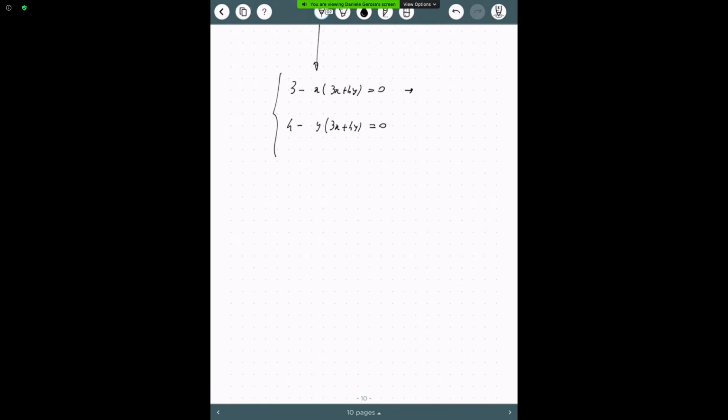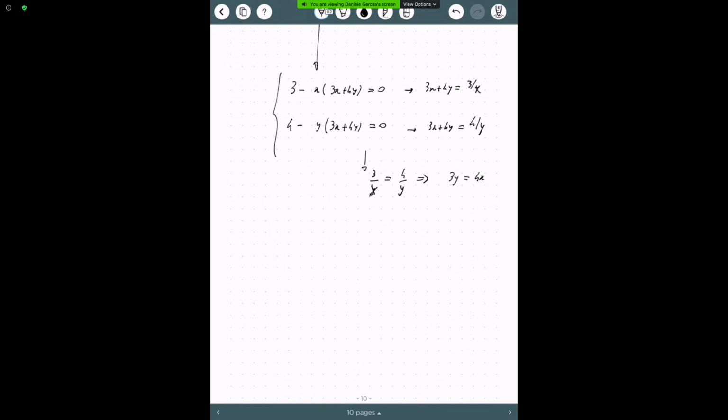And then you write that 3x plus 4y is equal to 3 divided by x, and 3x plus 4y is equal to 4 divided by y. So since these are identical things, you get 3 divided by x is equal to 4 divided by y, which implies that 3y has to be equal to 4x.